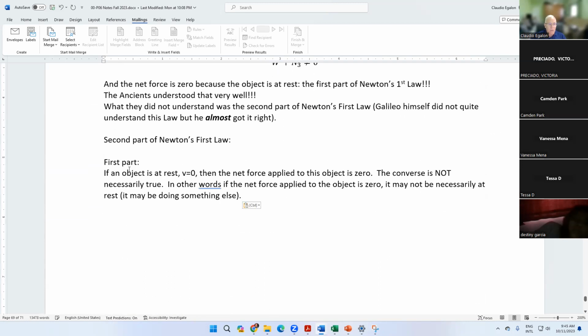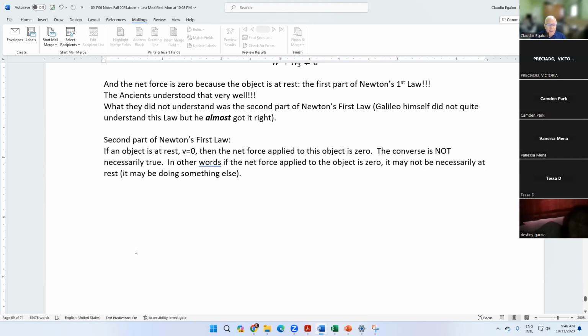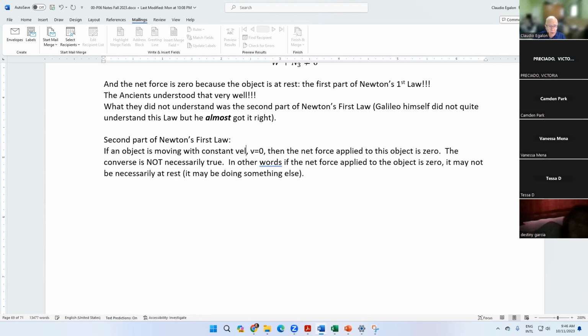Okay, so here you go. Remember, the first part is: if an object is at rest, then the net force applied to this object is 0. The second part is slightly different. If an object is moving with constant velocity, and constant velocity means what?